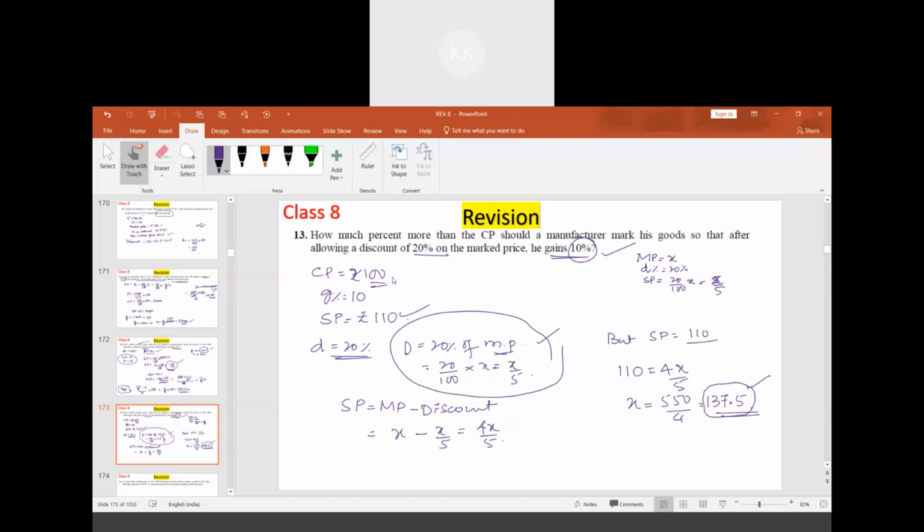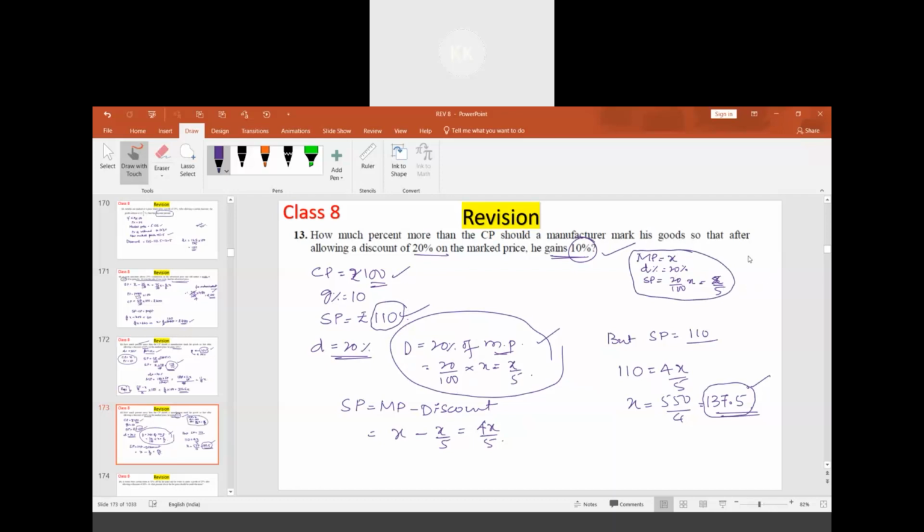Earlier I wrote the cost price as 100, then after adding 10, I got 110. Just think. We may get a solution by this approach.